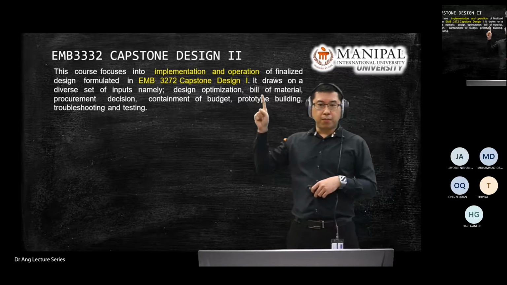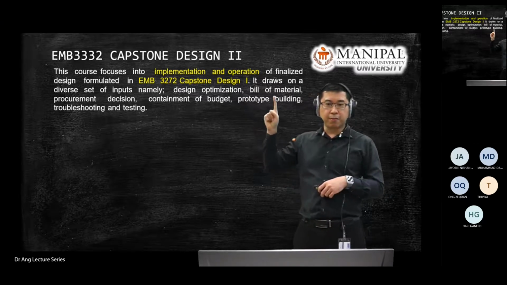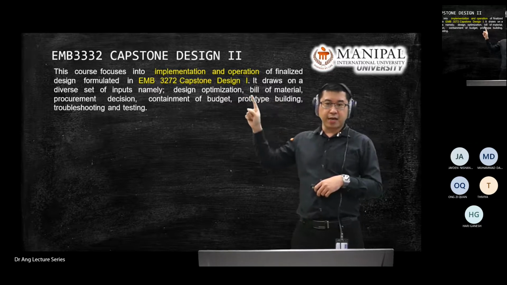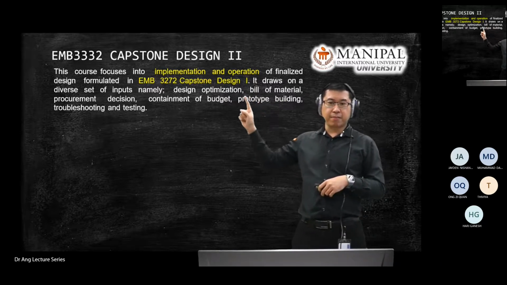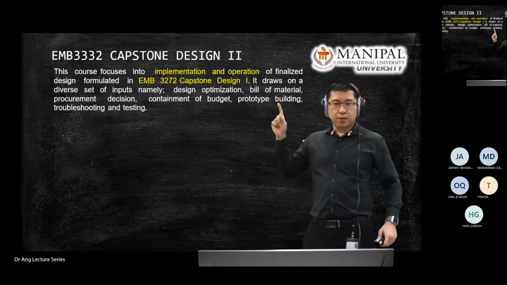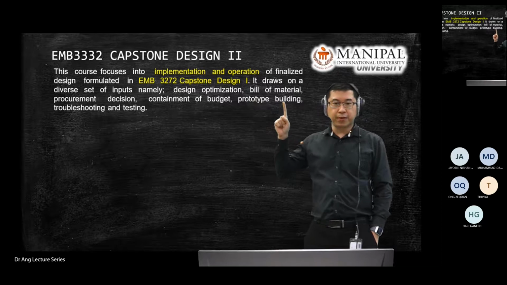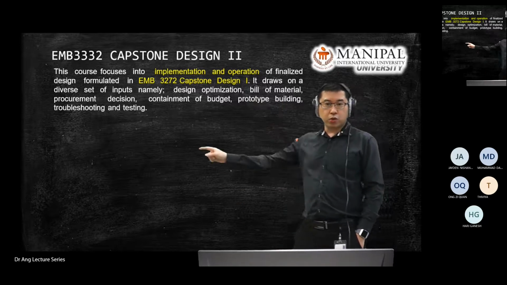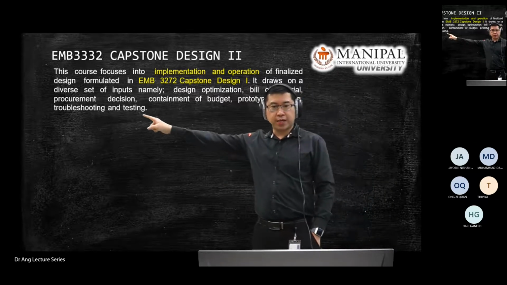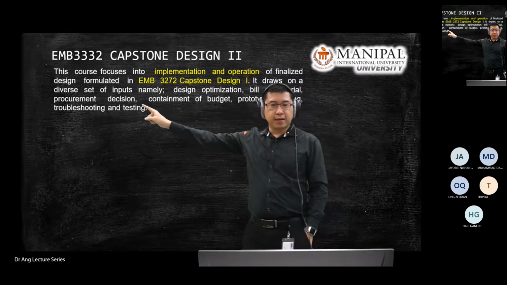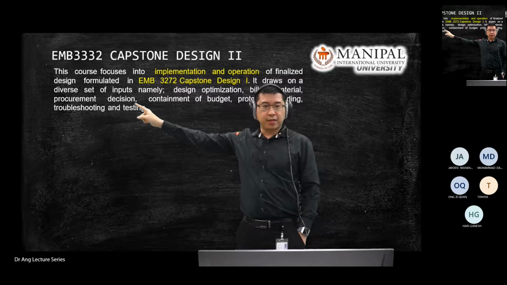So when I mention BOM, please give me your BOM list as your assignment or as your progress update. I mean bill of material. I will also give you some briefing on what is expected in the bill of material. And also we'll go through a few technical lectures on procurement.